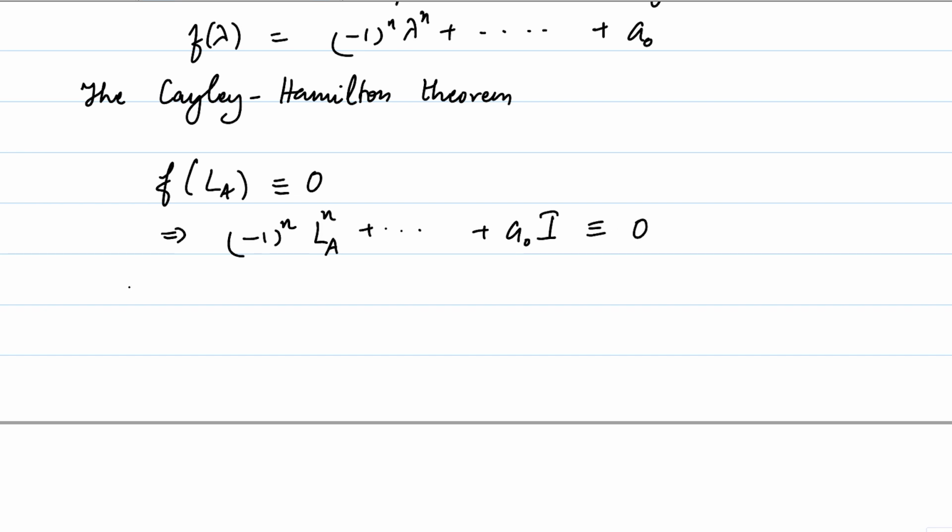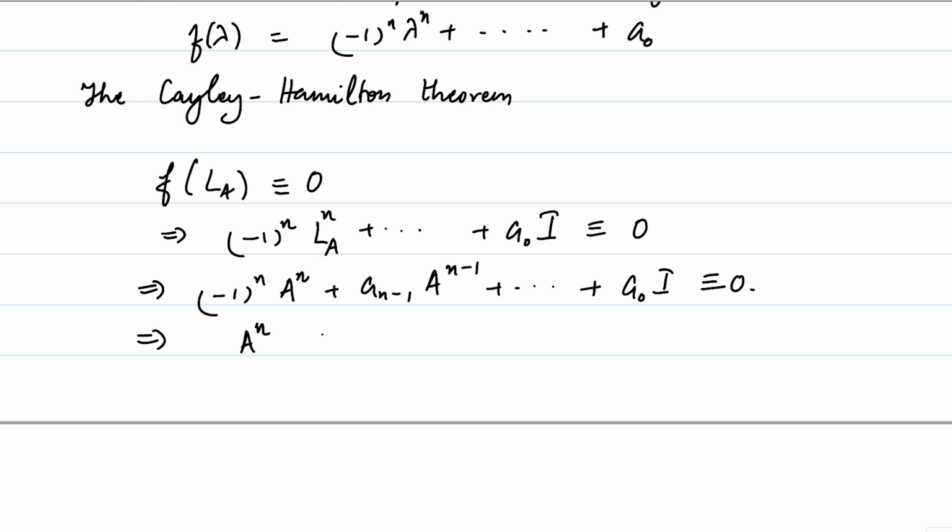And by going down to the basis, this implies that minus 1 to the power n times A to the power n plus so on, let me just write the second term, A to the power n minus 1, plus A0 I is the zero vector. So this implies that A to the power n belongs to the span of I, A, up to A to the power n minus 1.